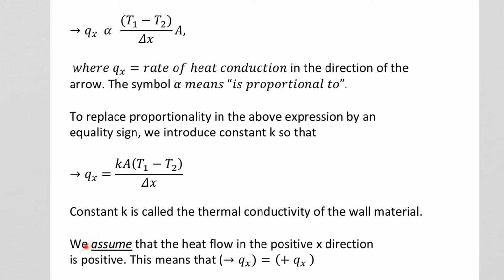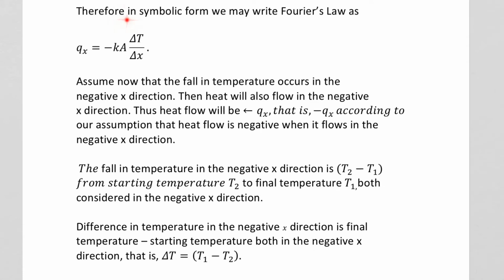We assume that the heat flow in the positive x direction is positive. This means that heat flow rate in the positive x direction is written as positive Qx. Therefore, in symbolic form, we may write Fourier's law as Qx equals minus KA into delta T by delta x.